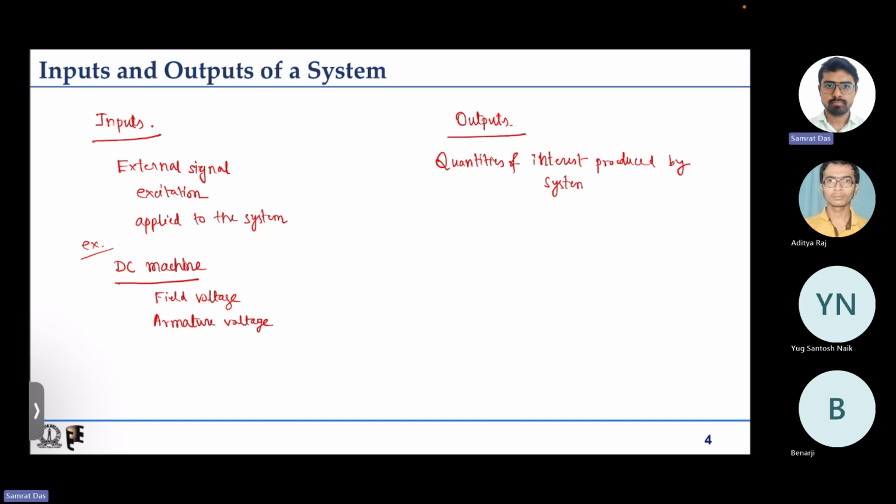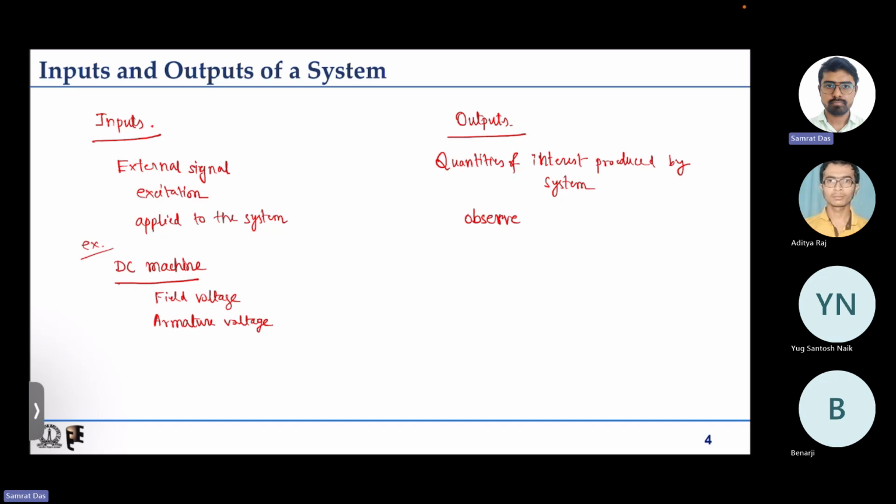It is not one of the inputs; it is produced after processing the inputs by the system. So it is some quantity or quantities which are of our interest, which are produced by the system, and we should be able to observe them.